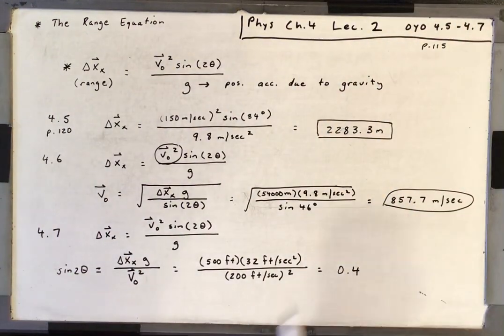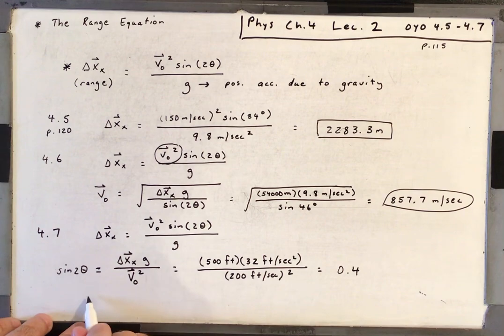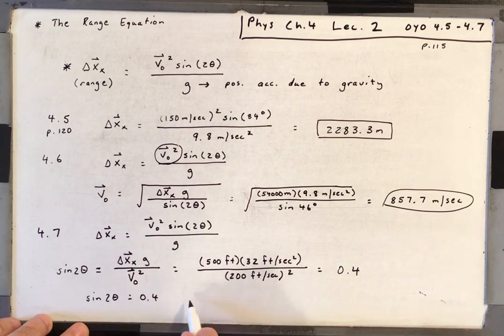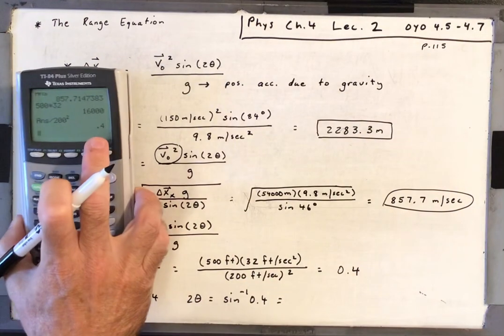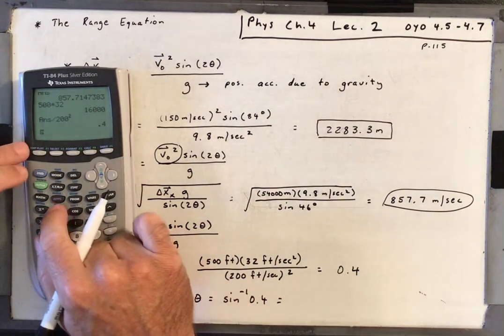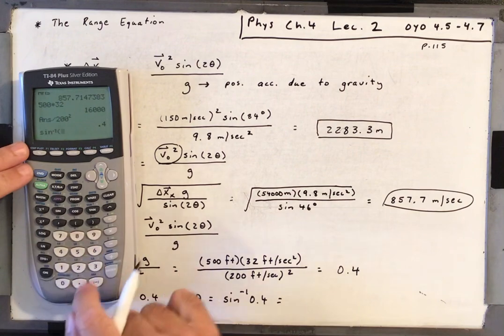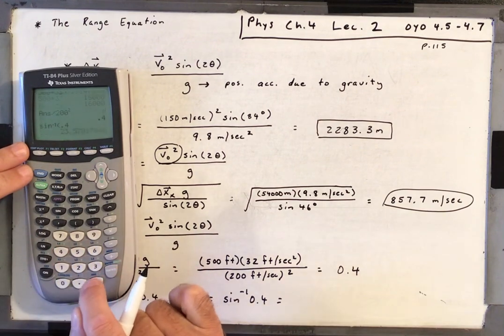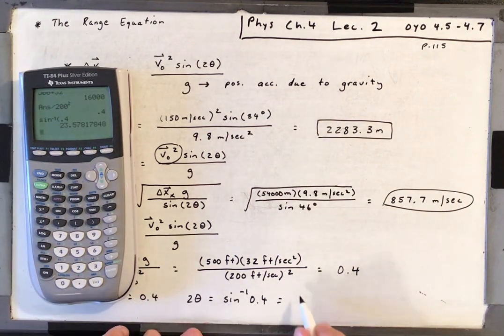Now that's not the angle, is it? That's the sine of 2 theta is equal to 0.4. So 2 theta is equal to the inverse sine, in order to get the angle, of 0.4. So the inverse sine of 0.4, so we'd hit the blue button and sine 0.4, is 23.6 degrees.